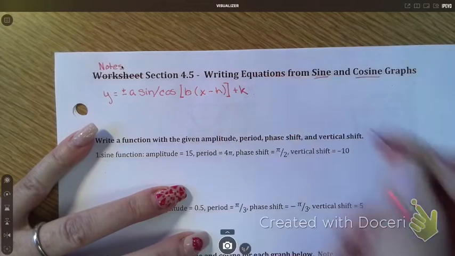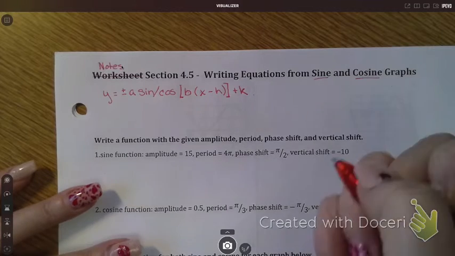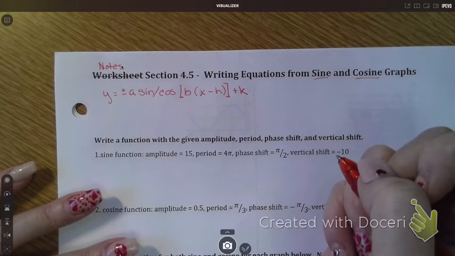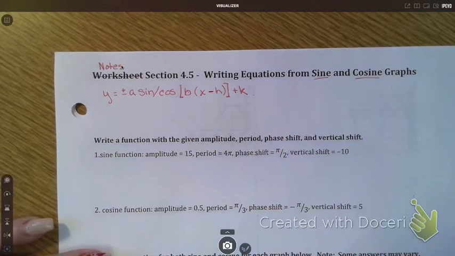The k can be in the front or in the back. Wouldn't it be plus or minus k? It'd be plus or minus everything, but this is minus because it's always the opposite sign.